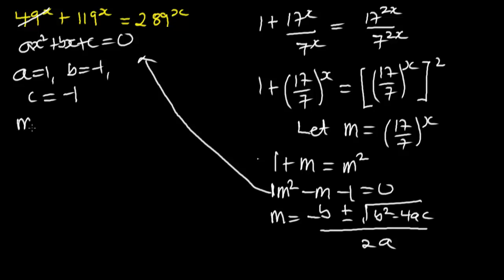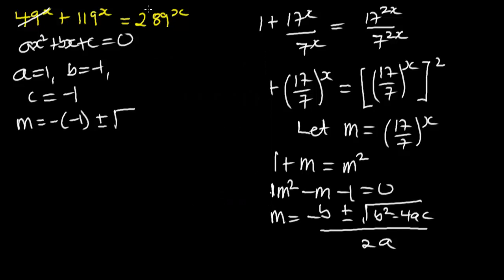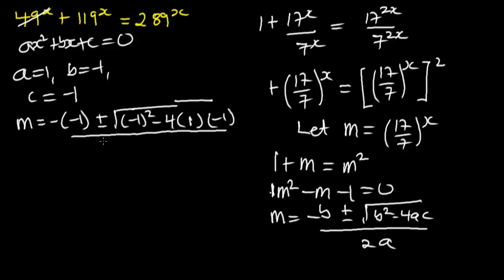So m is equal to -b, and then b is negative already, so I'm going to have negative of -1 plus or minus the square root of b squared is, we have -1, so I'm going to have (-1) squared minus 4ac. A is 1, and then c is -1 all over 2a.